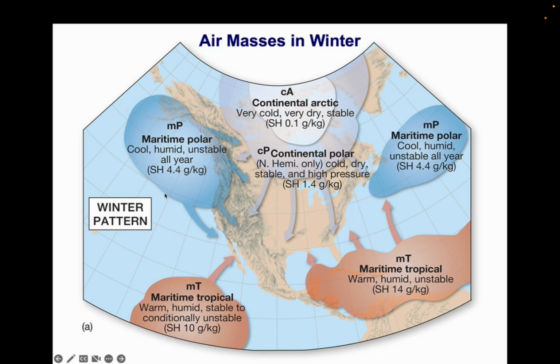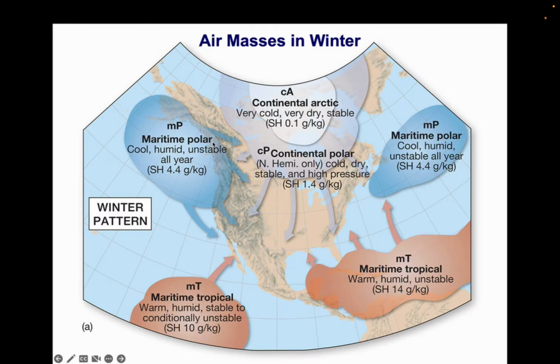So the difference between these different types of air mass is, for instance, if the air mass is maritime polar, that means it's coming from the ocean. So how is it different from maritime tropical? Well, it's not coming from the tropics, right? It is actually sourced from oceans situated closer to the poles, right? So it's polar.